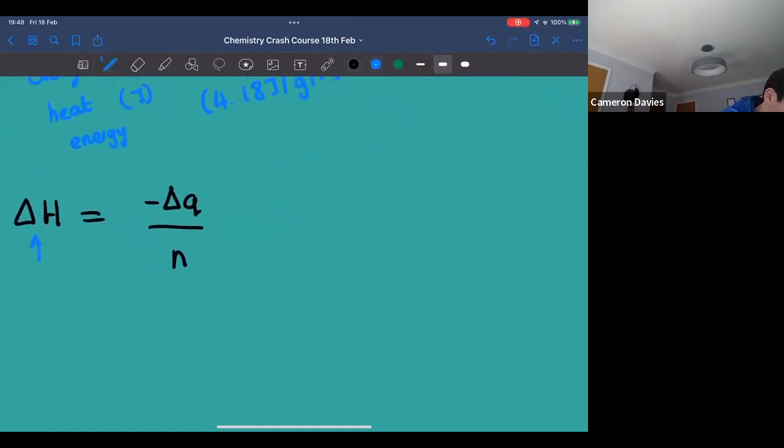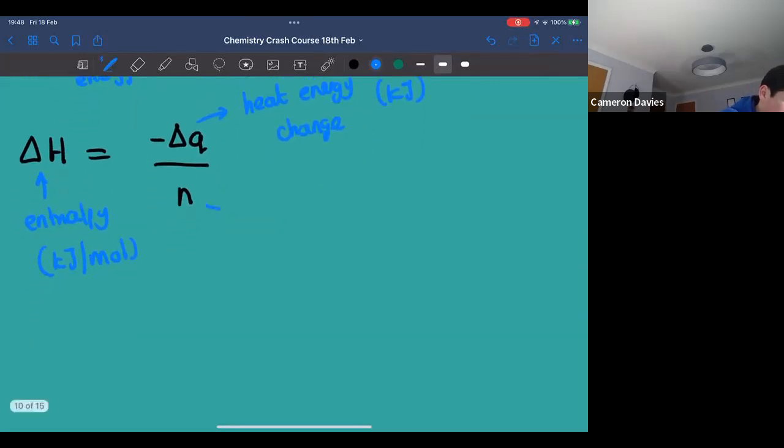So as we said, delta H is enthalpy, and this is measured in kilojoules per mole. So notice how we've changed the units to kilojoules. And n is moles, which is measured in moles.